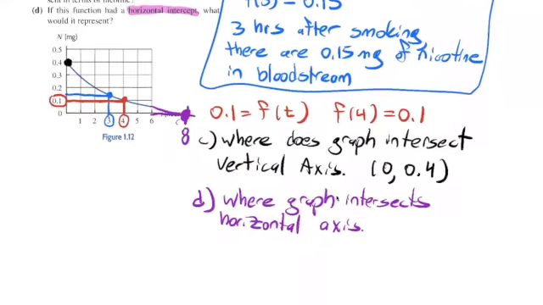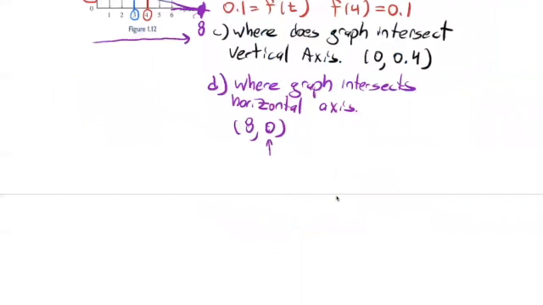Let's just say I estimate that to be 8. Then we would say the horizontal intercept occurs at the point (8, 0). So this point has an x-coordinate of 8 and a y-coordinate of 0, since the graph is located right on the axis.